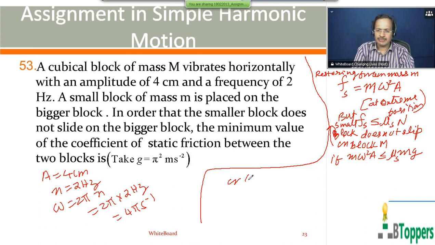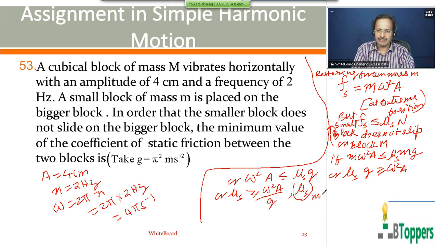That is, omega square A is less than or equal to mu s into g. Mu s into g has to be more than or equal to omega square A. So mu s has to be greater than or equal to omega square A by g. So the minimum value of the coefficient of static friction needed is omega square A by g.